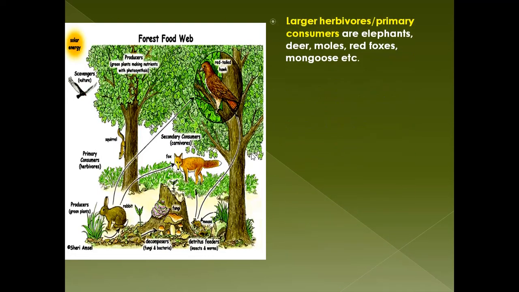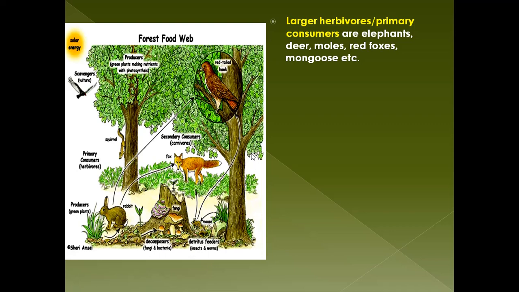Now the picture which has appeared is of the forest food web, and in this food web all organisms which are interconnected are shown. You see there the plants, the tall trees, grasses, the bushes, all these are the producers, and the herbivores like rabbit are feeding on that, and the rabbit will be preyed upon by the fox.